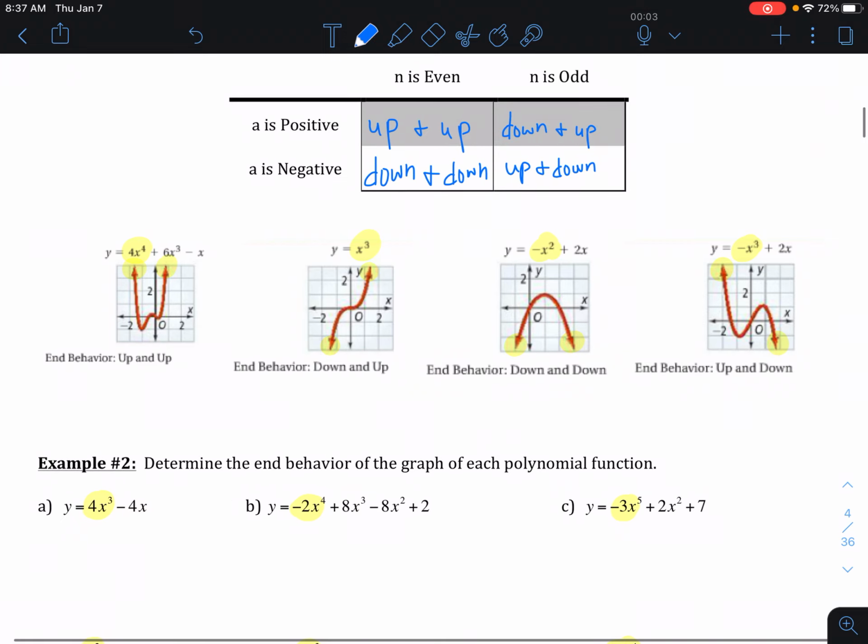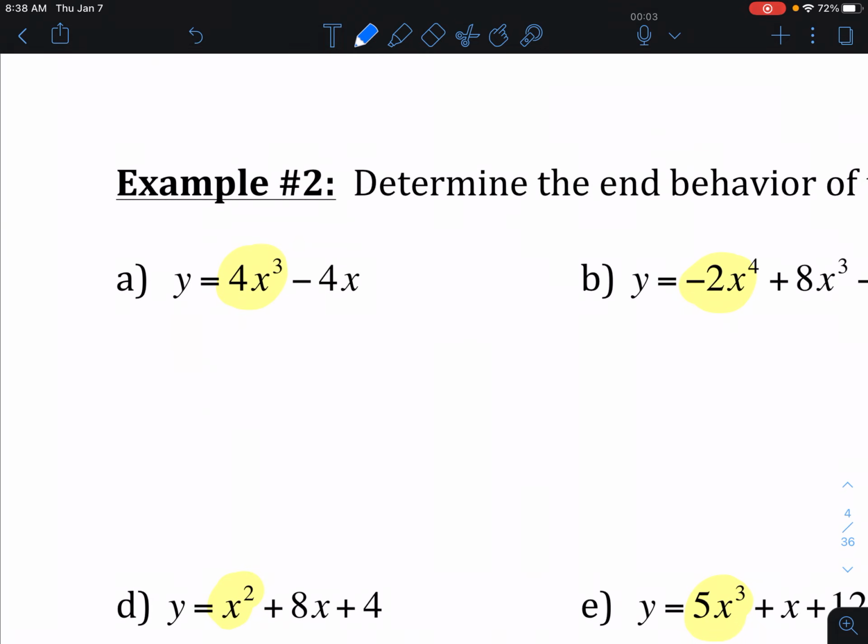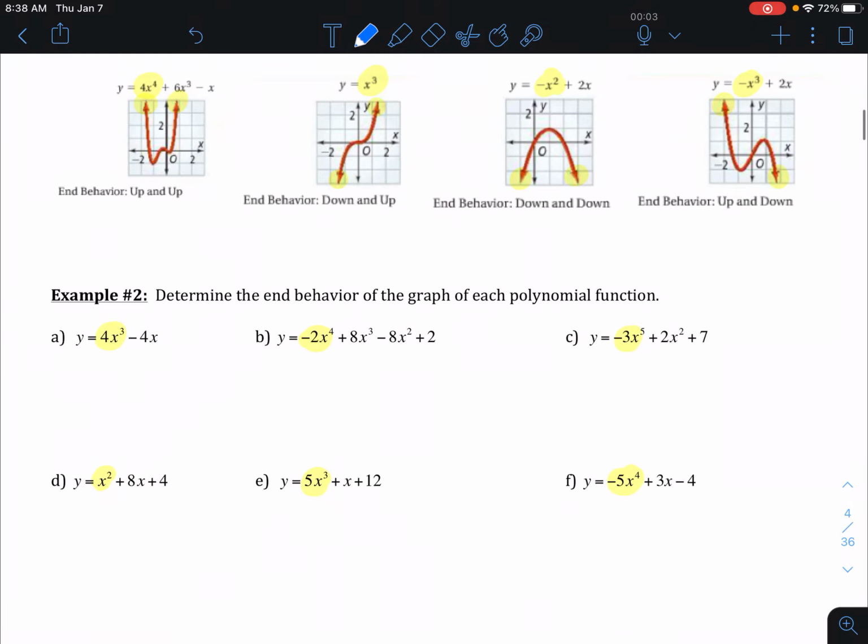So our goal here, going down to example 2, is simply to determine what the end behavior is. You have 4 options for each problem. So as I highlighted, I'm looking in letter A, by the way, down here, where the leading term has a positive and the n is an odd number.